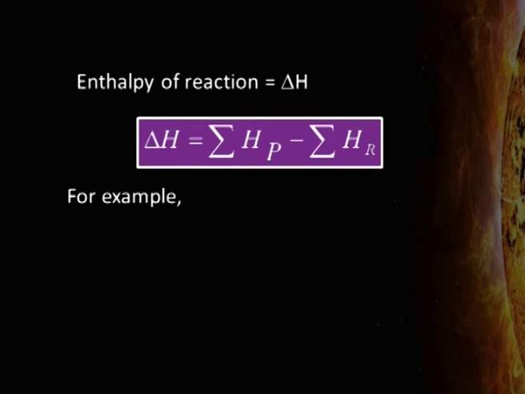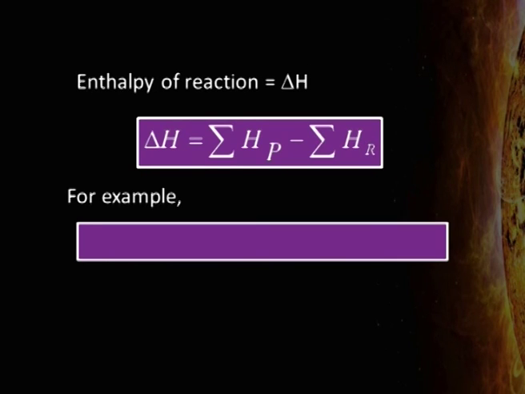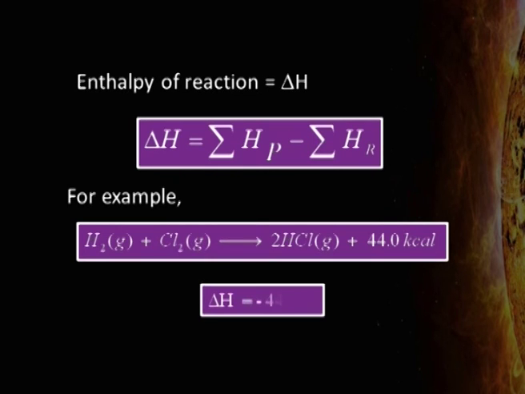For example, if an equation is given as gaseous hydrogen plus gaseous chlorine gives you gaseous HCl plus 44.0 kilocalories, or delta H equal to minus 44 kilocalories.